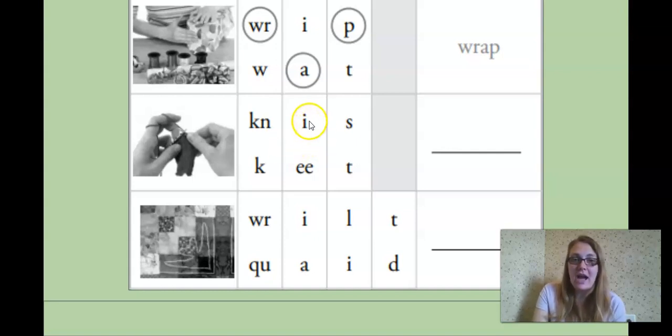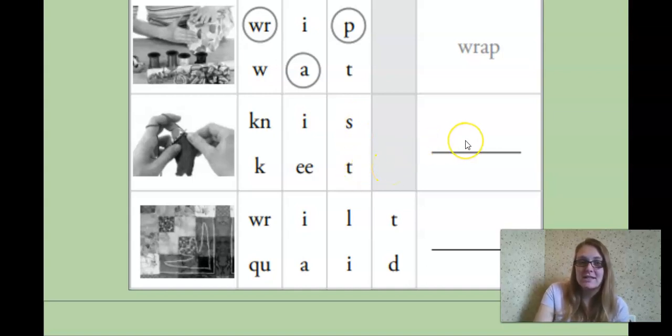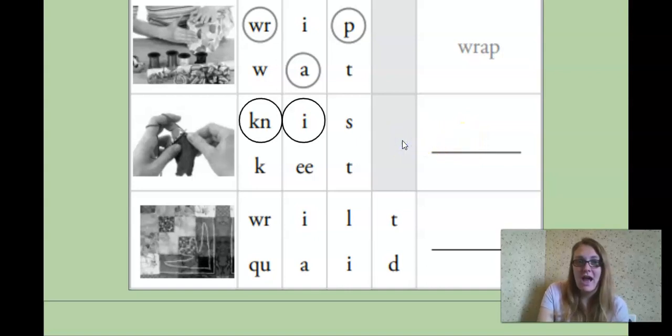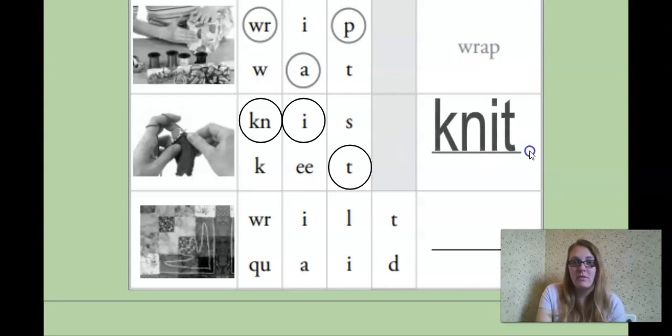Is it with an I or a double E? Yes, the I. And how about T? Would it be with an S or a T? Good, a T. So we have KN, I, T for knit. And then we would write it on the line, KNIT.